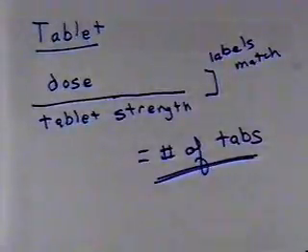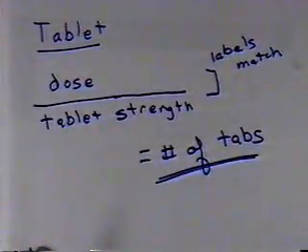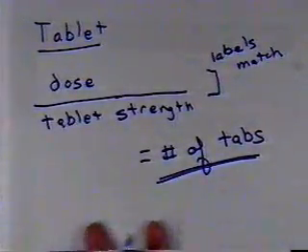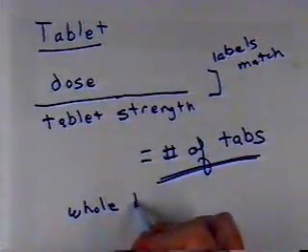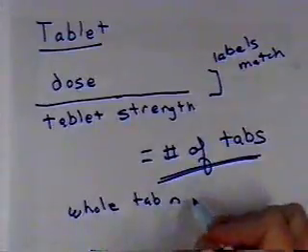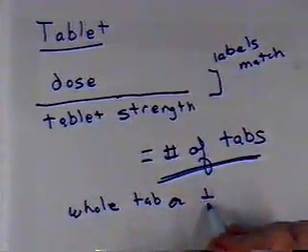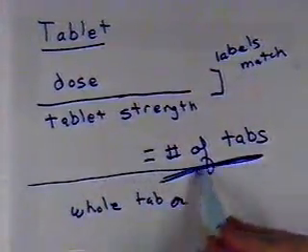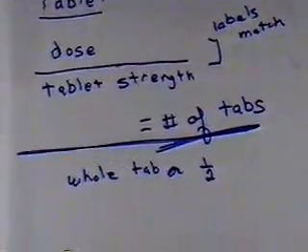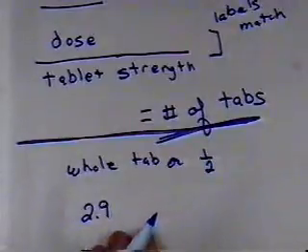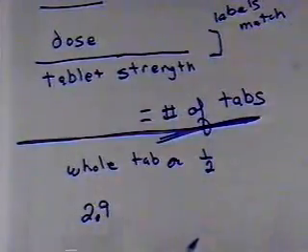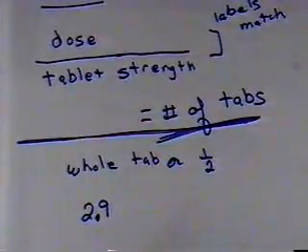Or when we do divide, if it does not come out evenly, we can give a whole tablet or we can give 1/2. So if I divide and get an answer of 2.9, you can't tell me give somebody 2.9 tablets.